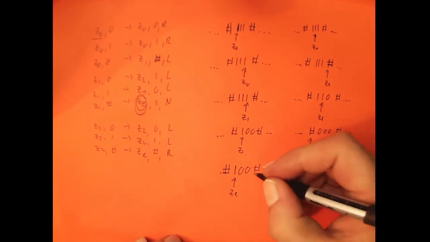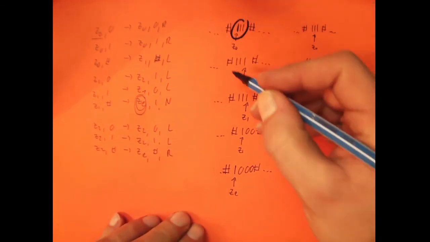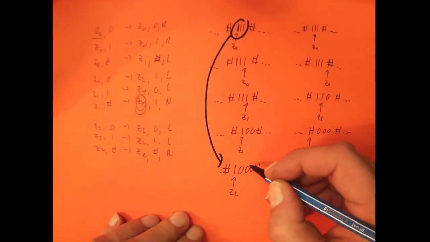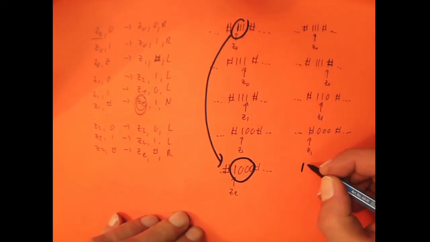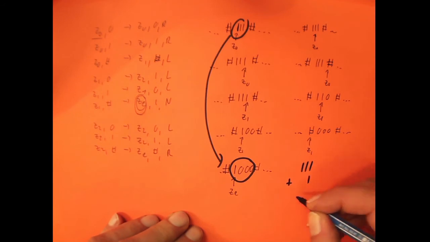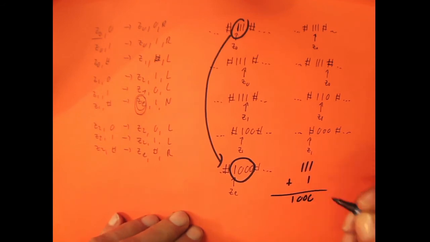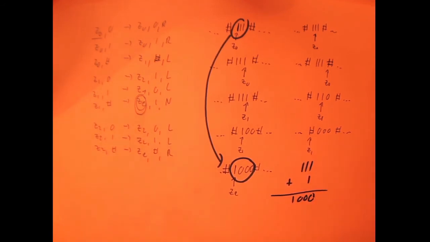Sorry, I missed here a 0. So we changed from this to this, and this is exactly 111 plus 1, which is 1000. Okay, so therefore we have the complete run through our states following the rules.